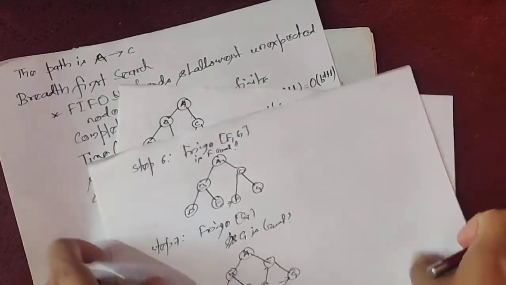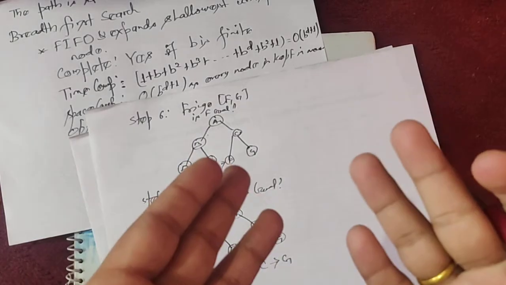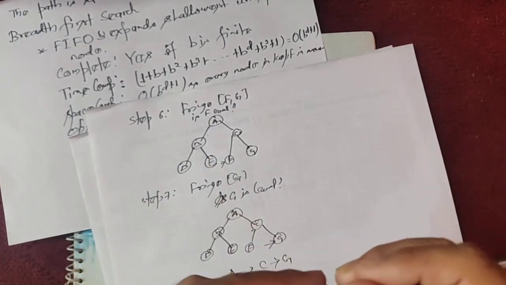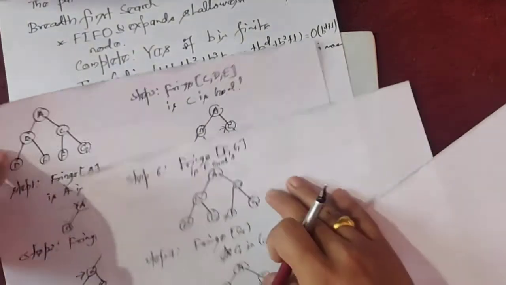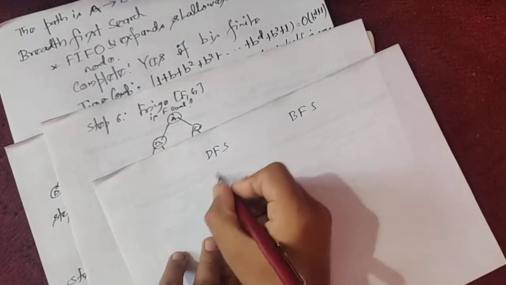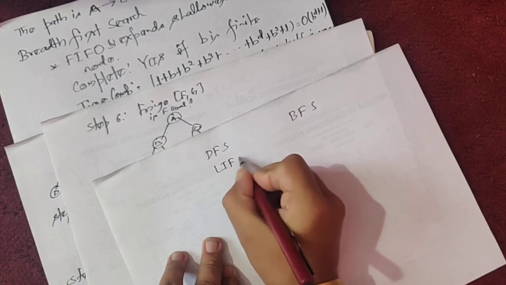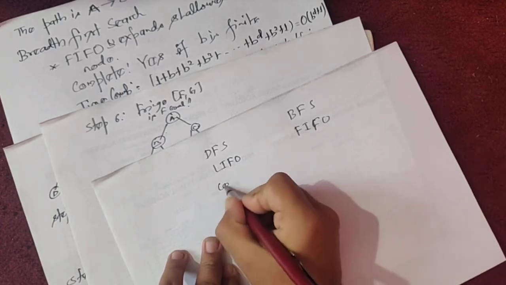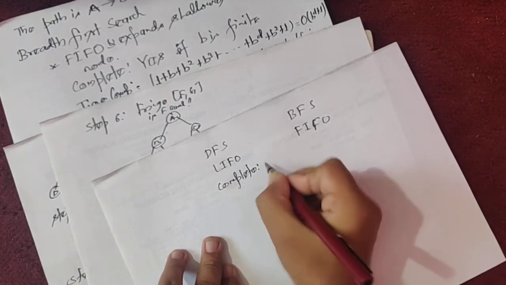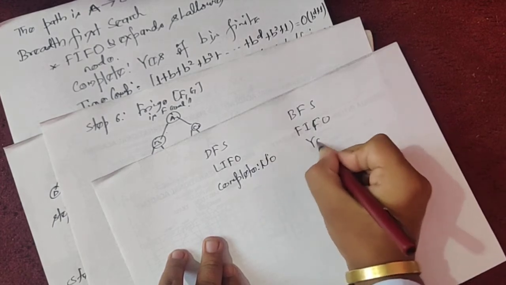Okay, so let us compare depth first search and breadth first search. DFS and BFS. Depth first search uses LIFO and breadth first search uses FIFO. Complete: DFS is not complete, BFS is yes.